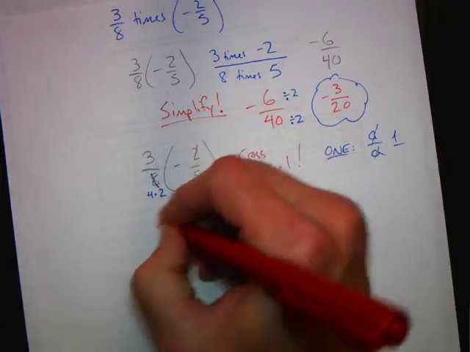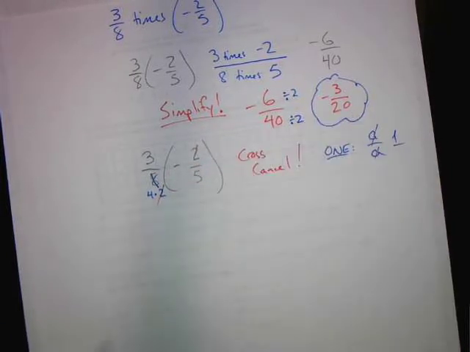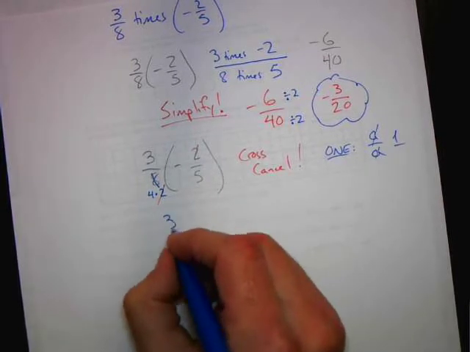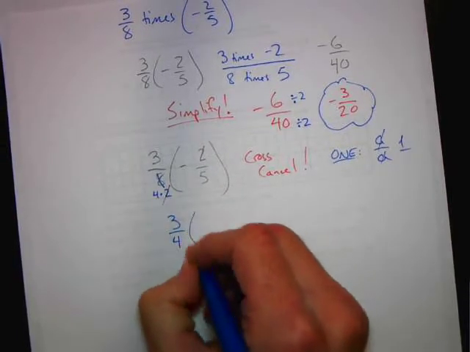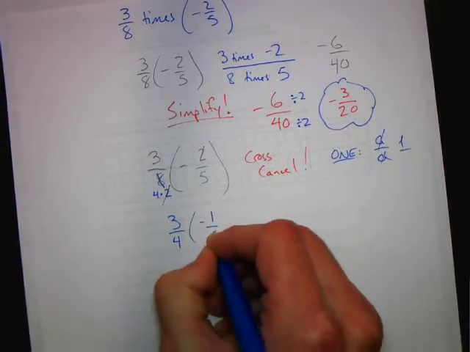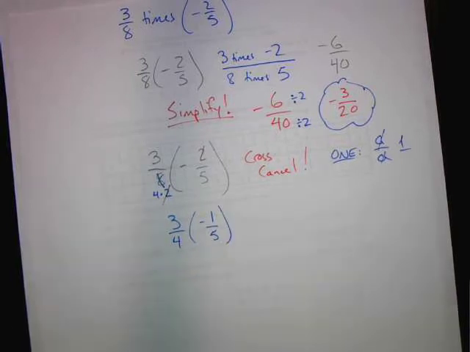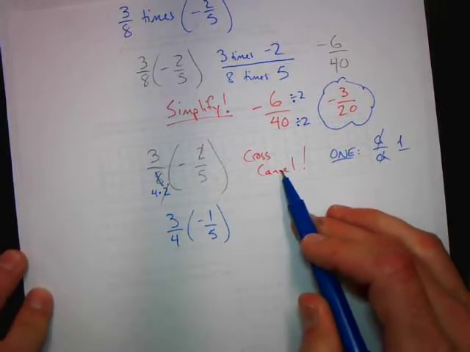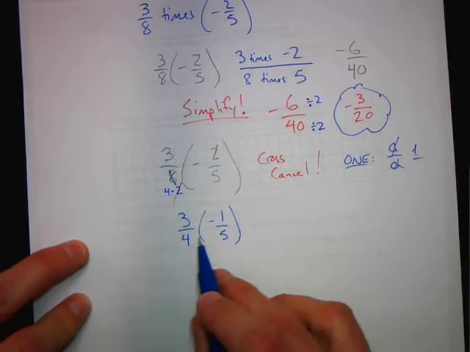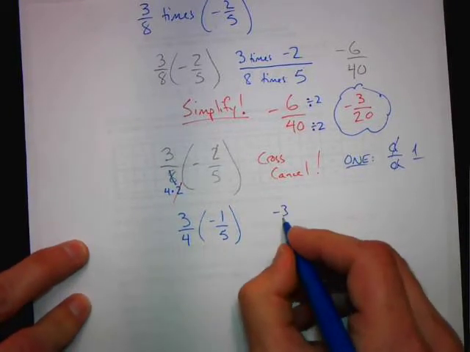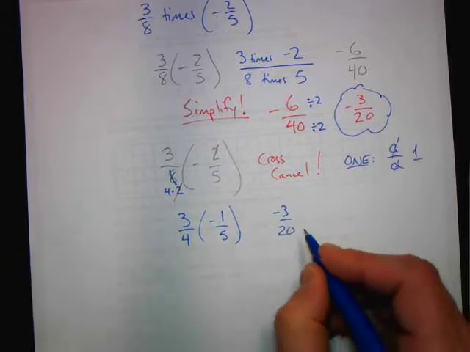A 2 in the top, a 2 in the bottom, they cancel because it's a giant 1, and what we're left with is 3 over 4, times negative 1 over 5. We can cancel that big giant 1. That's called cross-canceling. And now we can multiply numerators, and we can multiply denominators.